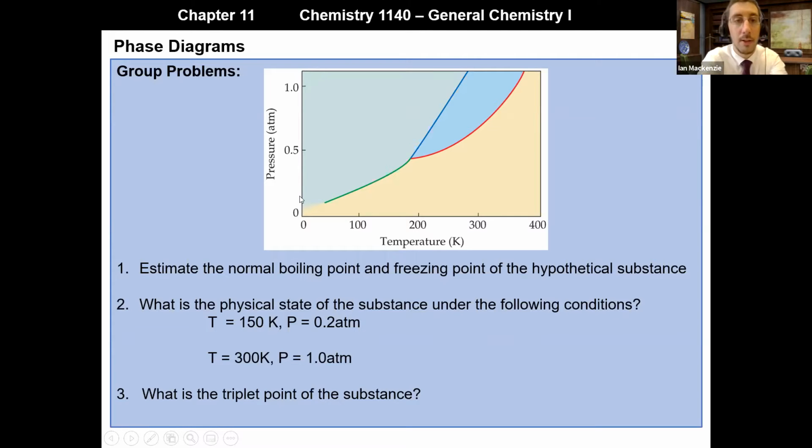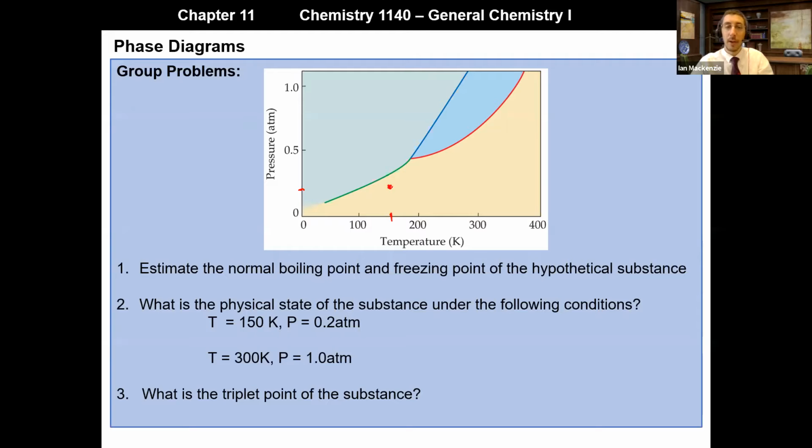I can use my pen to illustrate. So maybe I'm about here, about at 150. So I intersect those. I would say at that intersection point, I am probably in the gas phase for that substance, where gas is kind of the tan color.